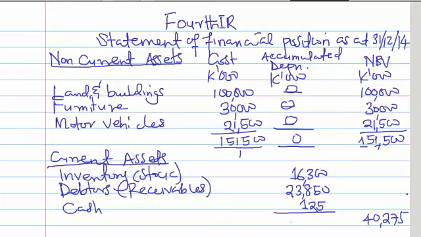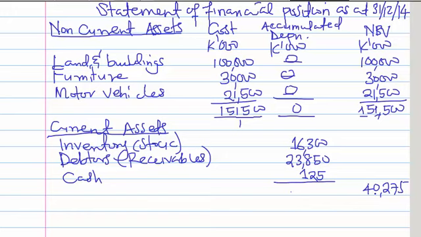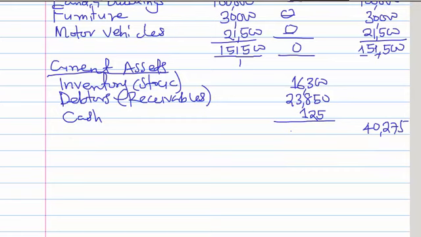If all that is correct, what we need to do now is add our current assets and our non-current assets, and that will come down here. If you added the total of your current assets and your non-current assets, you would have 151,500 and 40,275, giving you a total of 191,775.